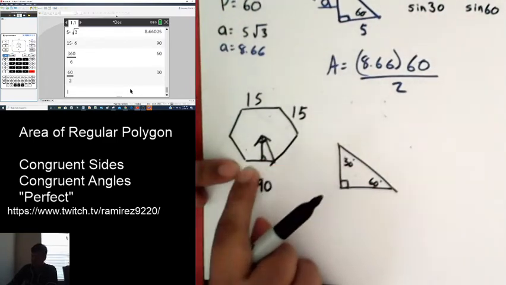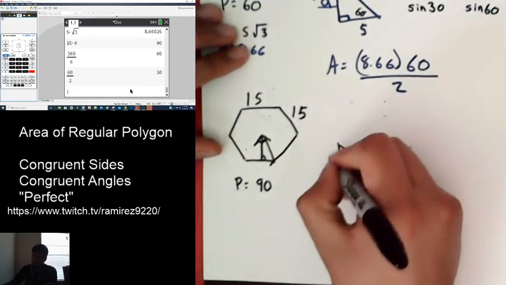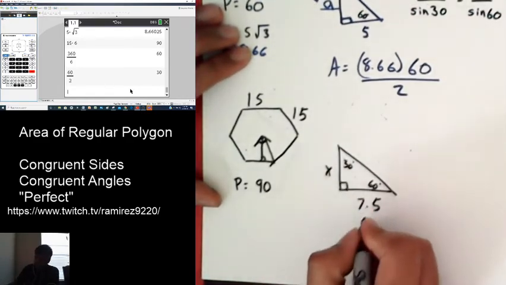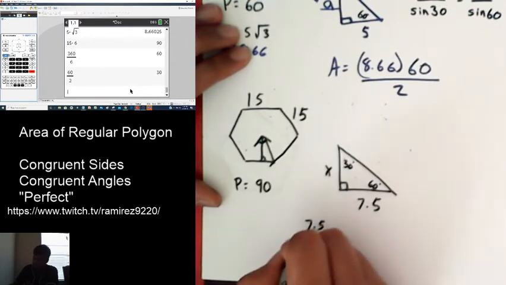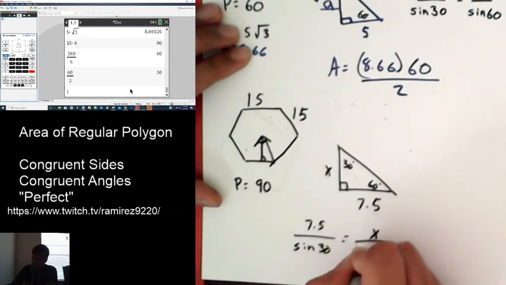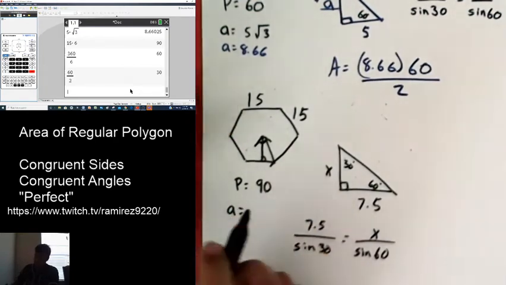This side was 15. Half of 15 is 7.5. And I'm looking for my apothem. So again, 7.5 is to the sine of 30 as x is to the sine of 60. So I'm going to do a quick cross multiplication, and whatever I get, that's going to be my apothem.